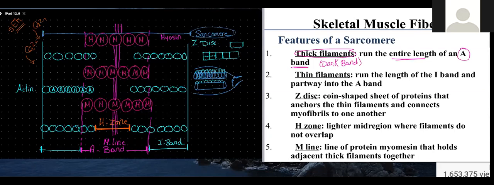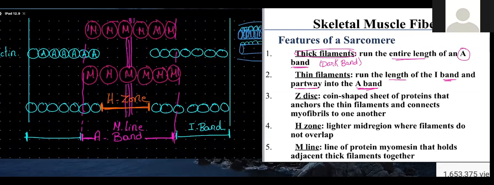Thin filaments will run the length of the I band and part way into the A band. As you remember, thin filaments are running along the I band, which is the light band of the sarcomere, and parts of the A band as well.